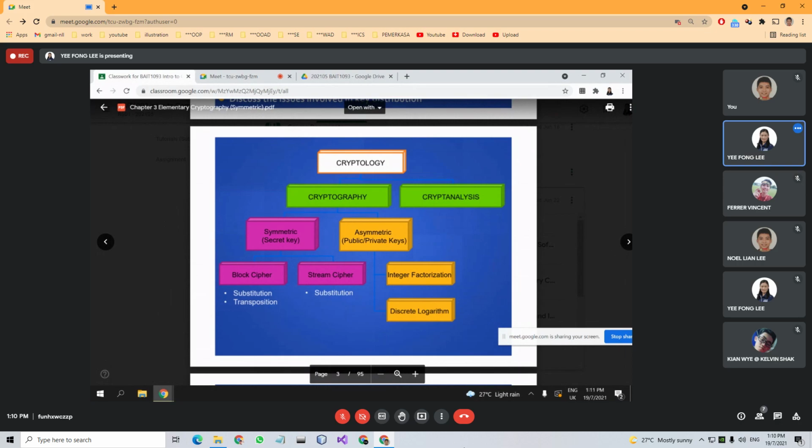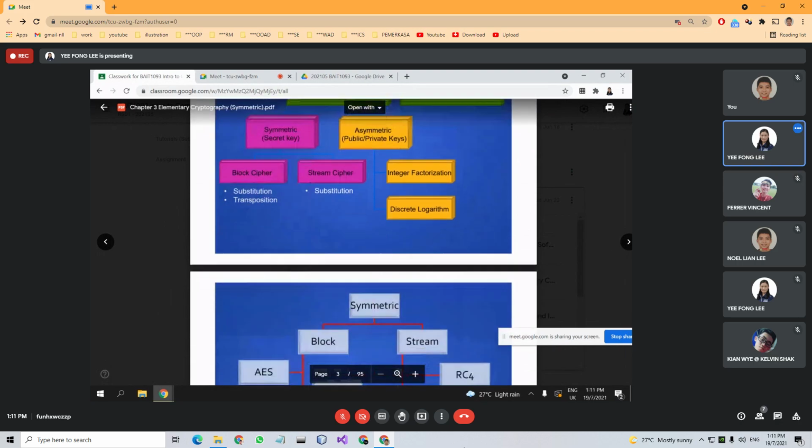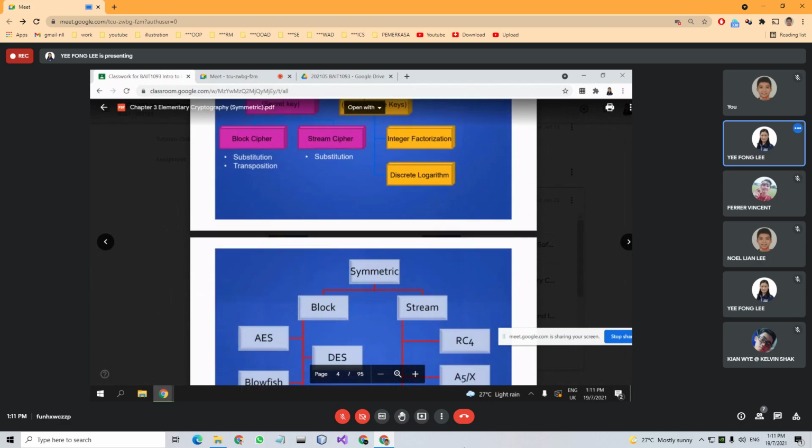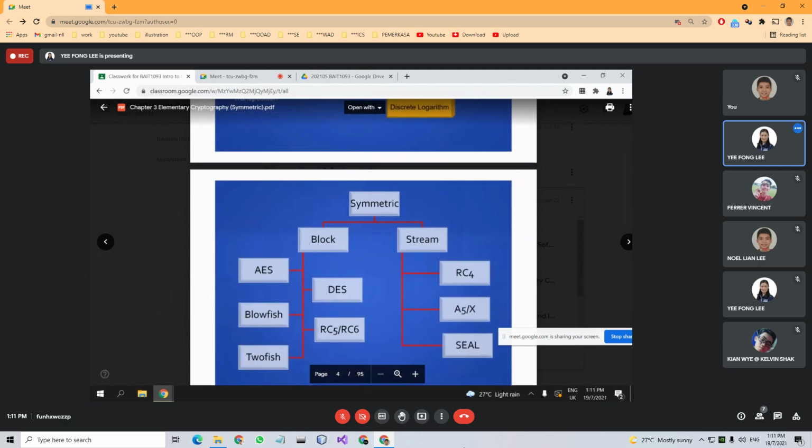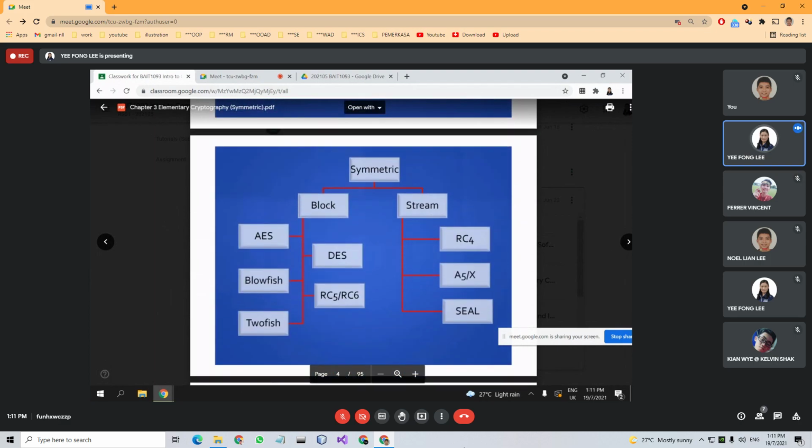Okay, so next one. Under symmetric encryption, we consider two methods or two categories: one is block, another is stream.